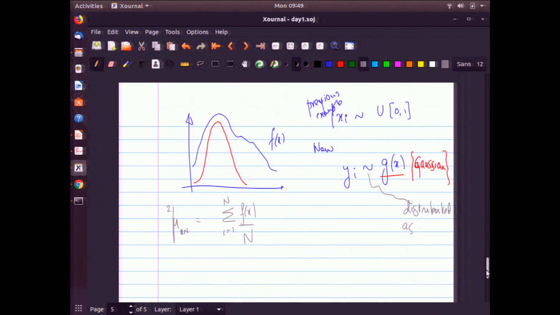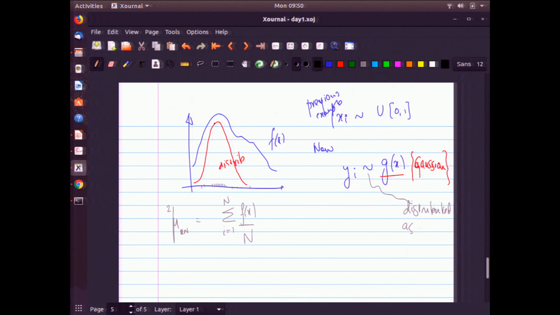Okay, so first of all, the fact that we have changed this distribution means now there are very few random numbers that are going to be generated in this part of the domain, right? Remember, this is a distribution, it's not a function directly. So what's going to happen is I may generate lots of samples here, maybe some samples here, and almost no samples on that side.